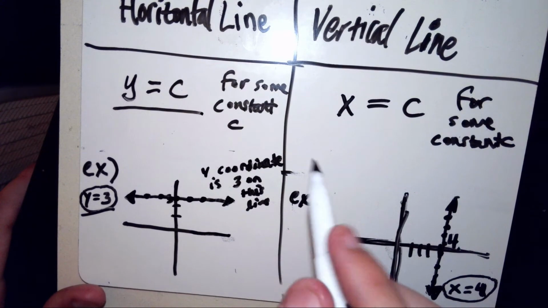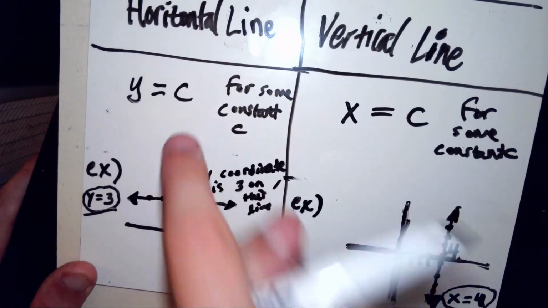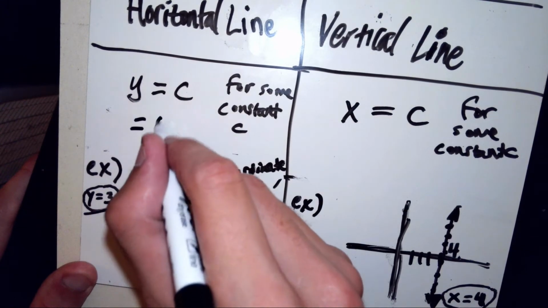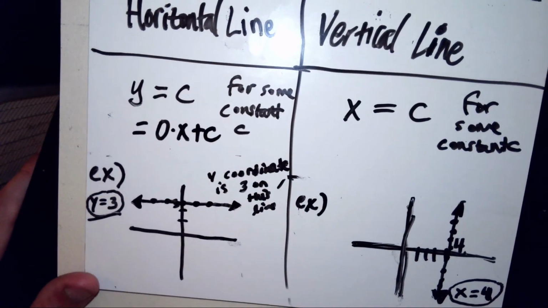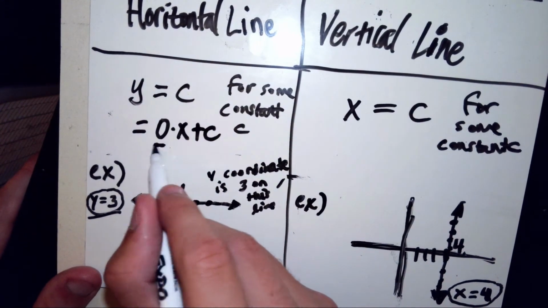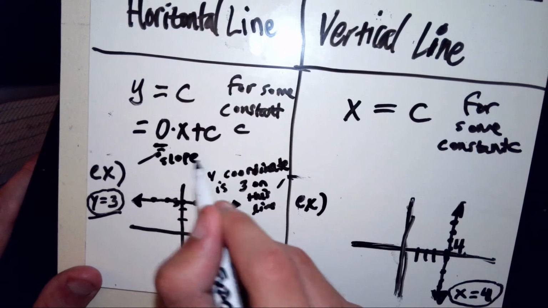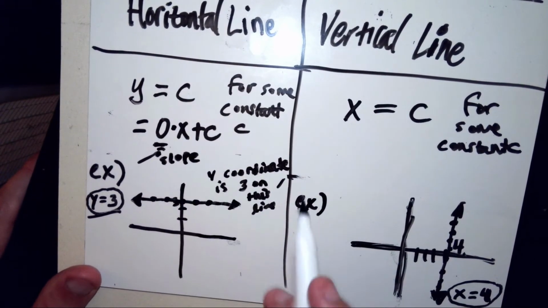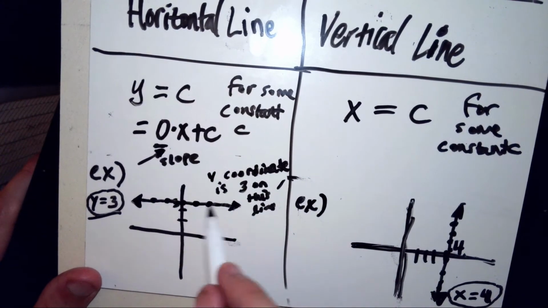And just note that y equals c is the same thing as y equals 0 times x plus c, right? So this 0 here is the slope, remember? So the slope of the line is 0 because it's horizontal.